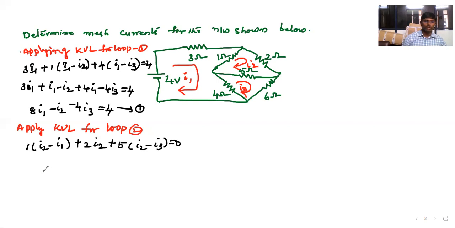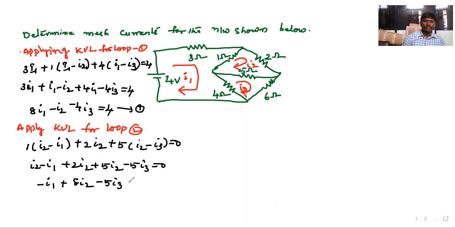From this we can write I2 minus I1 plus 2 I2 plus 5 I2 minus 5 I3 equal to 0. From this we get minus I1 plus 8 I2 minus 5 I3 equal to 0. We call it equation 2.